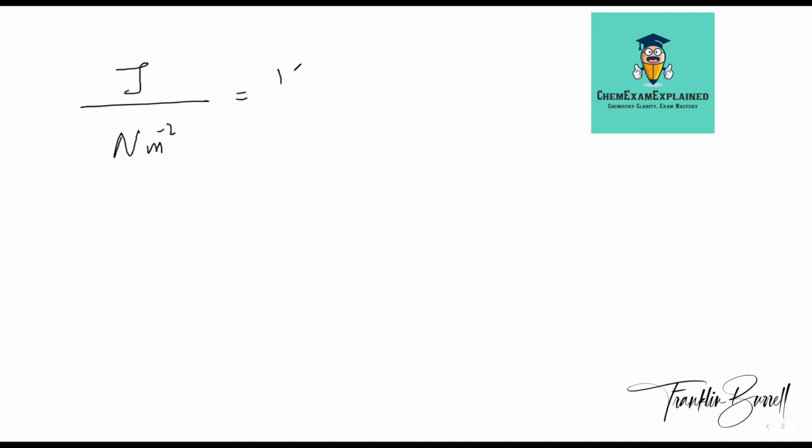So if I write kilogram meter squared per second squared over kilogram meter per second squared, and then I have here per meter squared, so I'm going to have divided by meter squared.